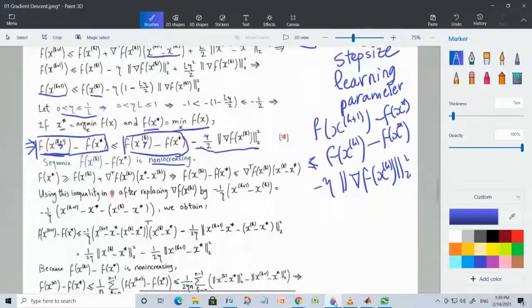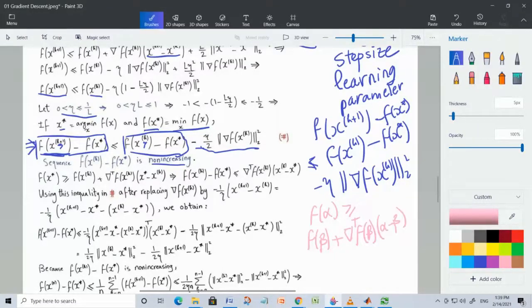Okay, so why is this good? Because now we can have further steps of upper bounding. We can also upper bound this guy. So let's remind ourselves of a property of convex functions. Suppose that alpha and beta are in the domain of a convex function, then f of alpha is greater than or equal to f of beta plus the gradient at beta multiplied by alpha minus beta.